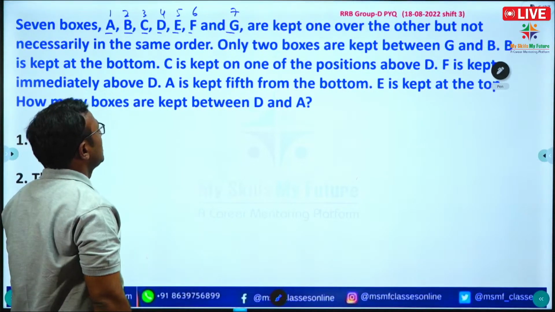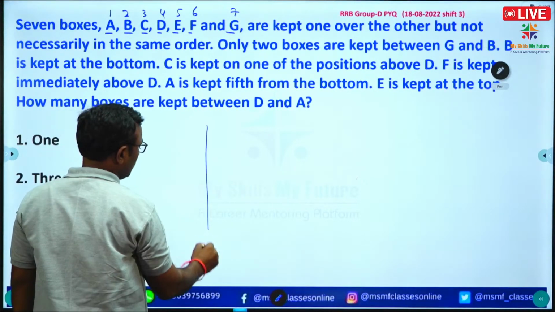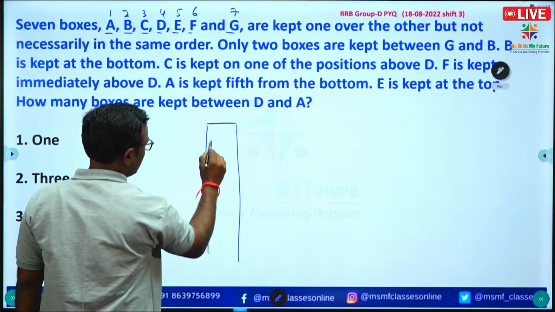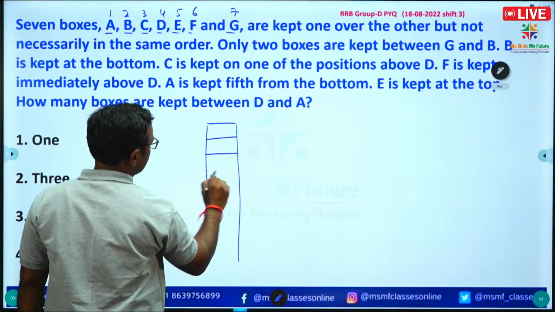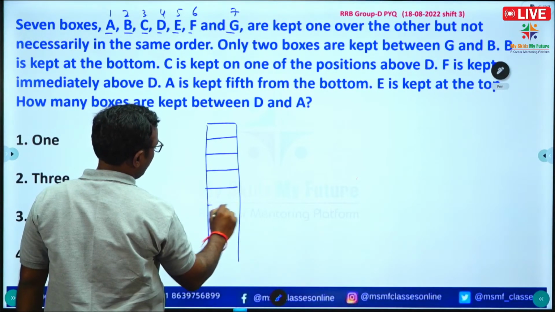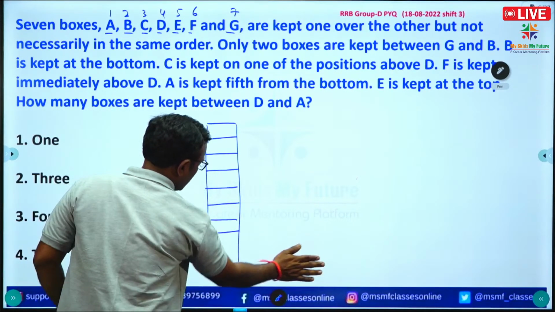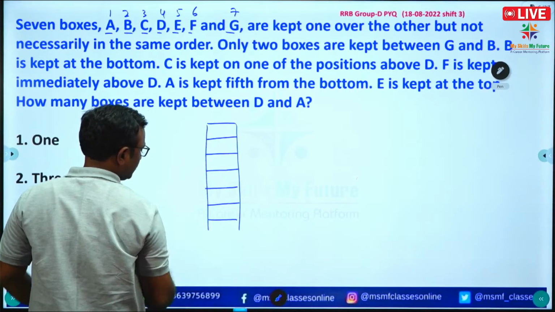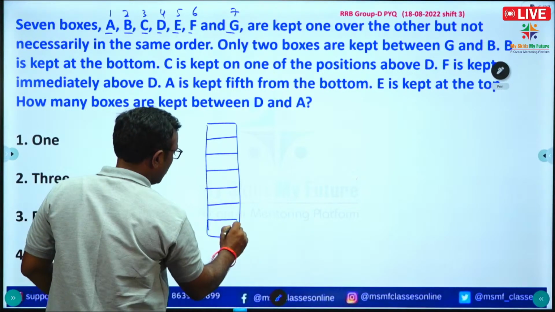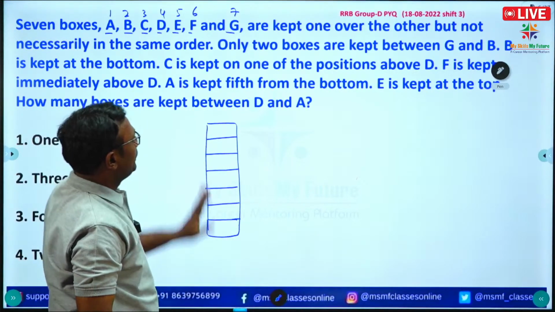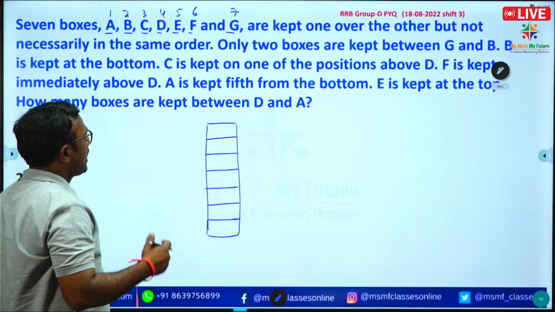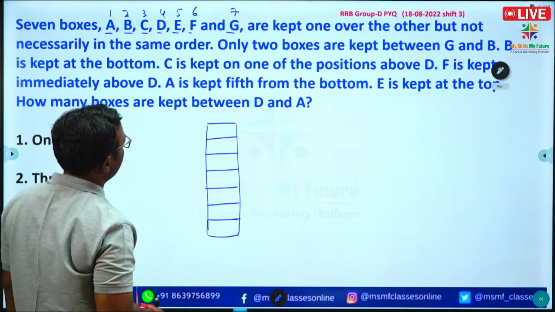Seven boxes are kept one over the other but not necessarily in the same order.